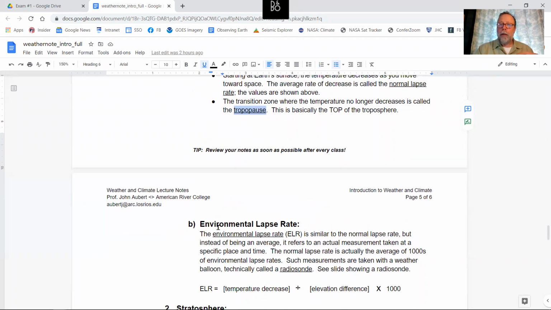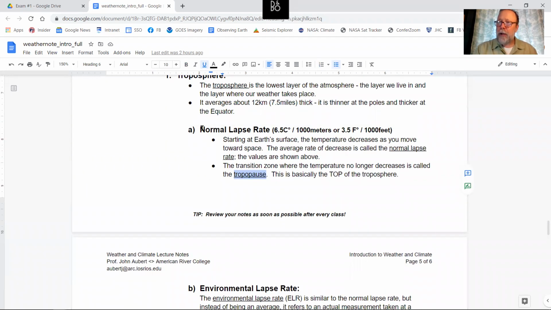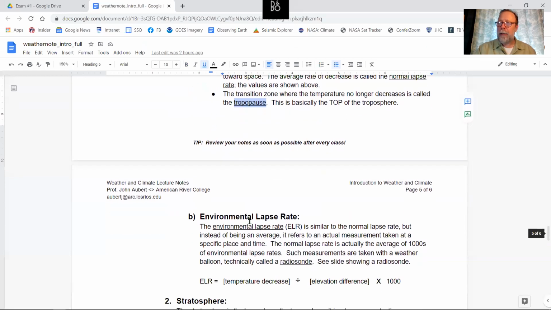So, as I said, the normal lapse rate is the average. What is the environmental lapse rate? It is the actual observed rate of temperature decrease at a given place and time. Every day in Northern California, there's a weather balloon sent up in Alameda near Oakland, and they collect the data for our area.